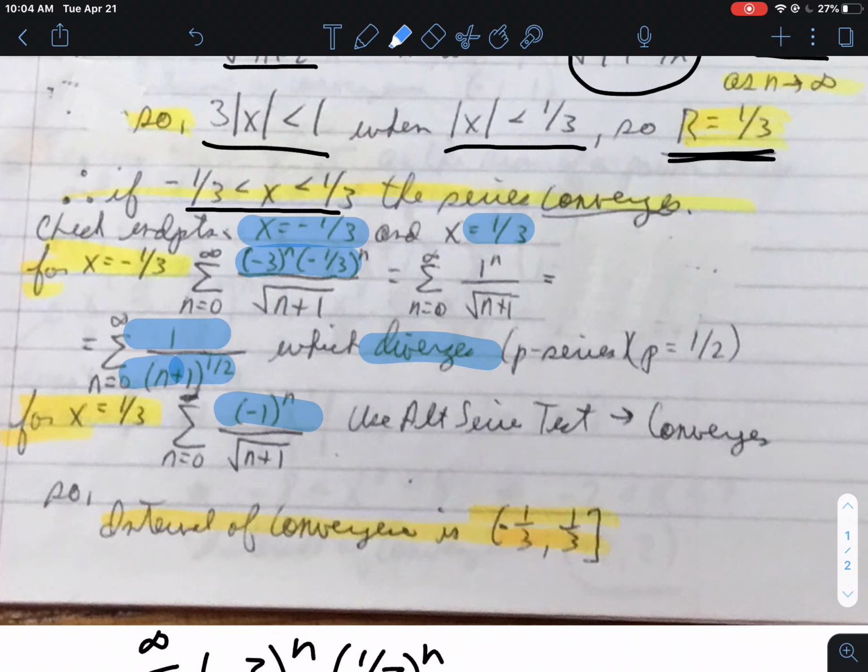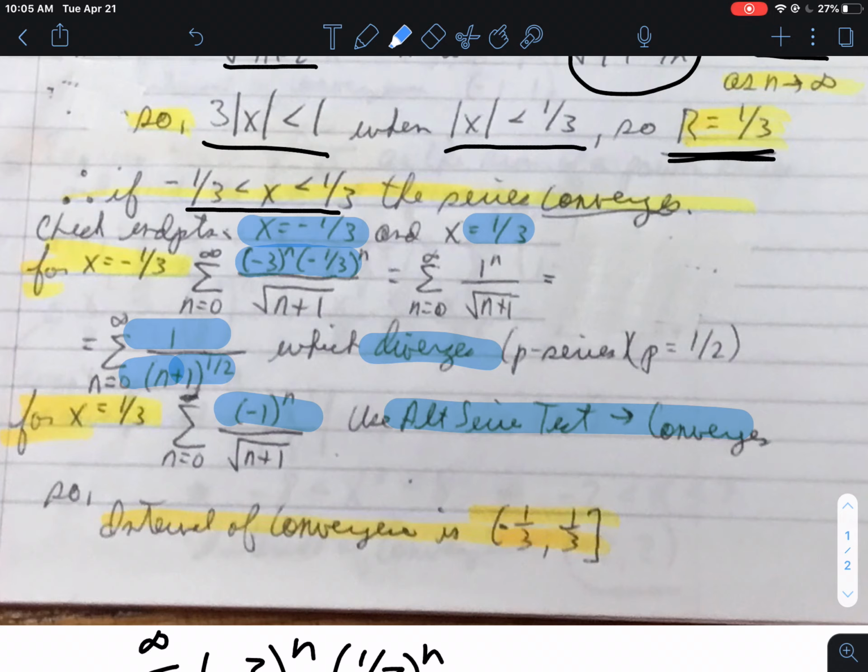Remember, alternating series test, you're checking two things. First, are those decreasing? And yes, as you increase n, 1 over the square root of n plus 1 decreases. Secondly, the limit has to approach 0. The limit as n approaches infinity of 1 over the square root of n plus 1 is 0. It meets the two criteria for convergence by the alternating series test.